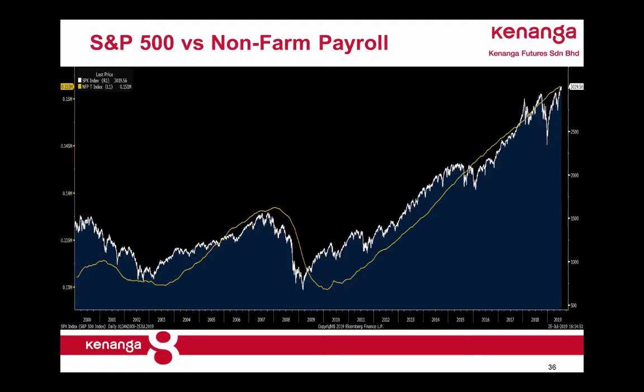Non-farm payroll data basically is all the jobs created, except for the farm jobs and also the non-profit employees and private household employees. So basically this represents that if US citizens have jobs, the economy tends to do well.